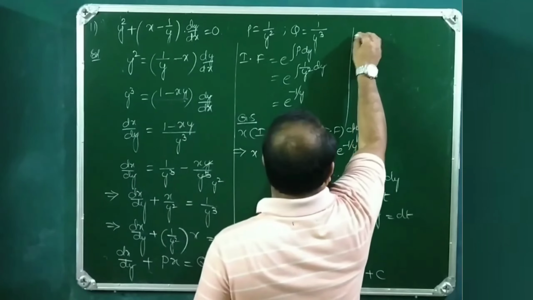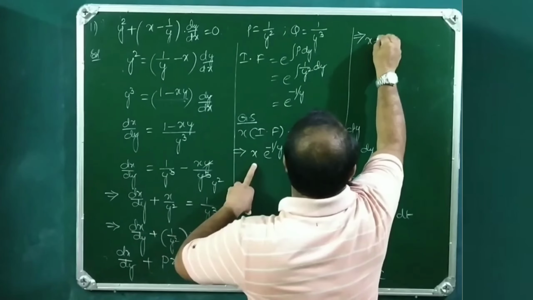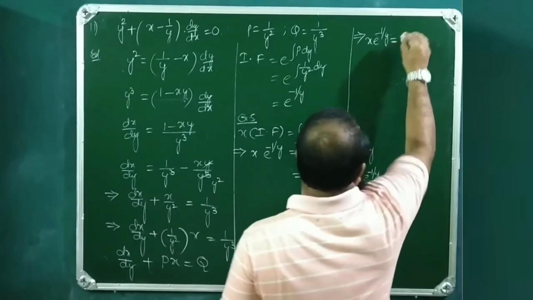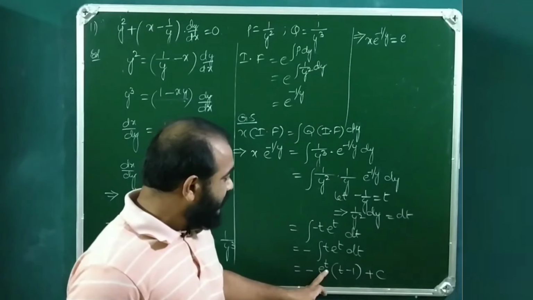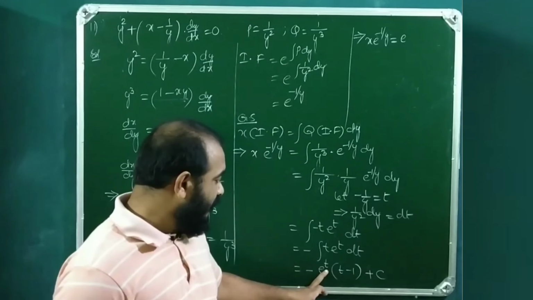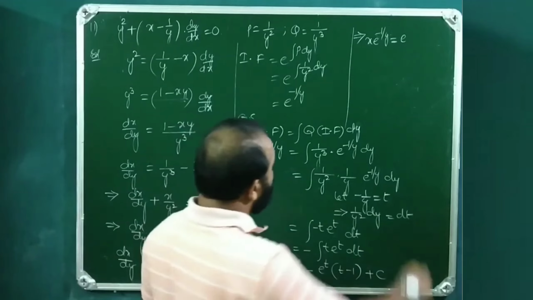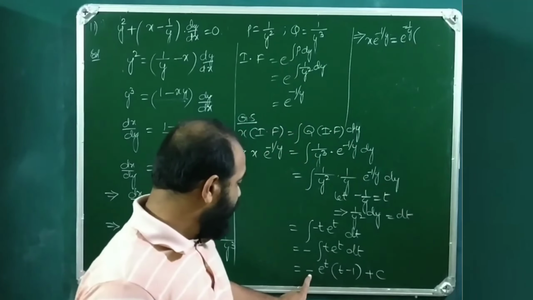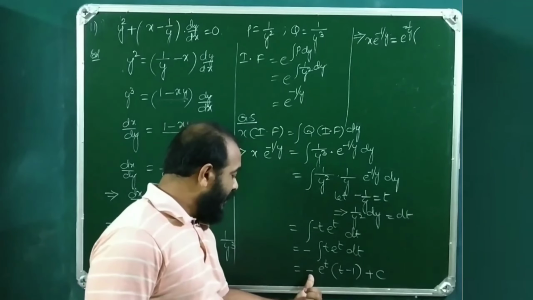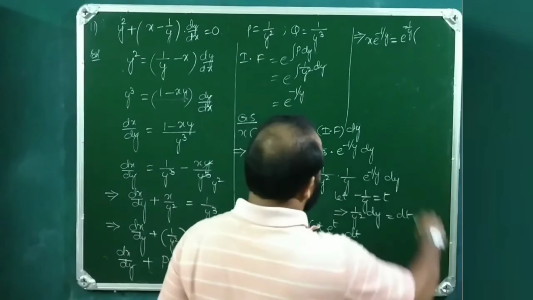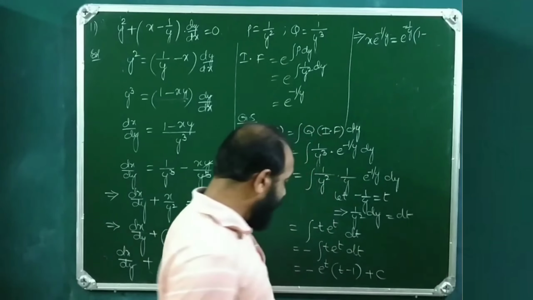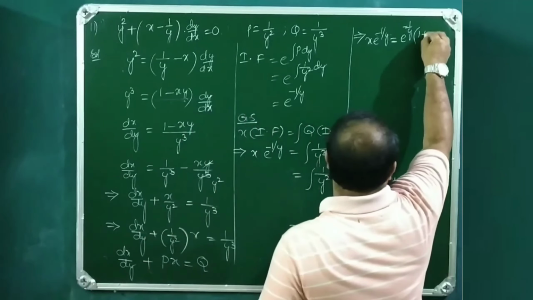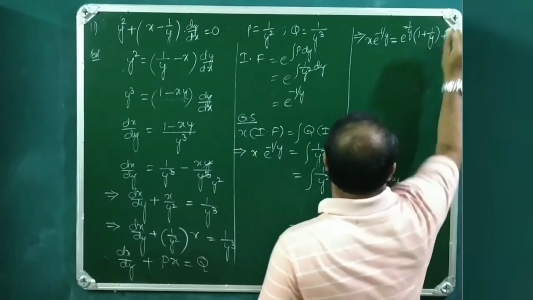So x into e power minus 1 by y equals e power t, where t is minus 1 by y, into 1 minus t if I take the minus inside. 1 minus t is 1 plus 1 by y, since minus of minus is plus, plus c.